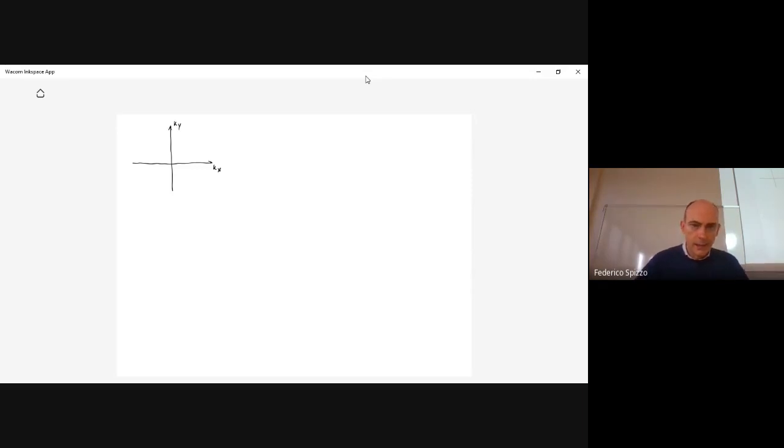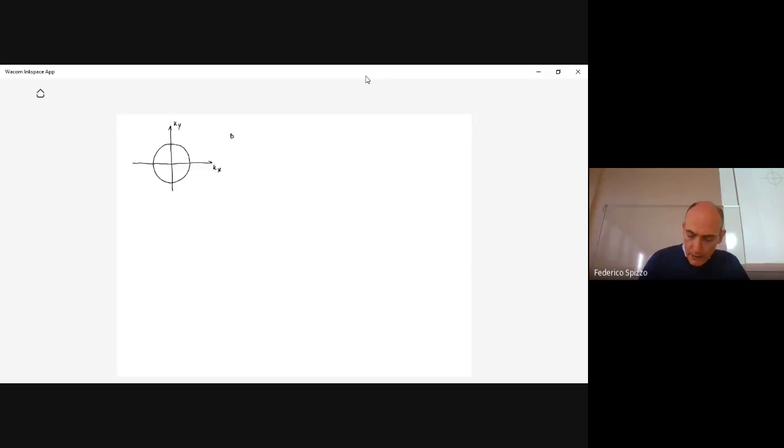Just to make this drawing simple, suppose the initial configuration is the one where the electronic levels occupy the Fermi sphere. The occupied levels are included in this sphere, and this is the condition corresponding to E equal to 0.